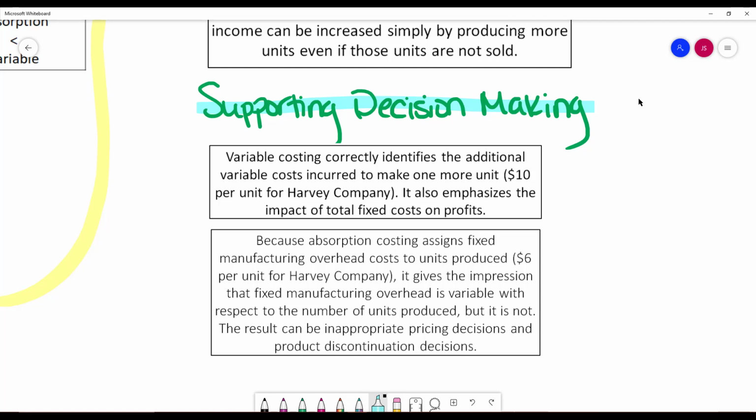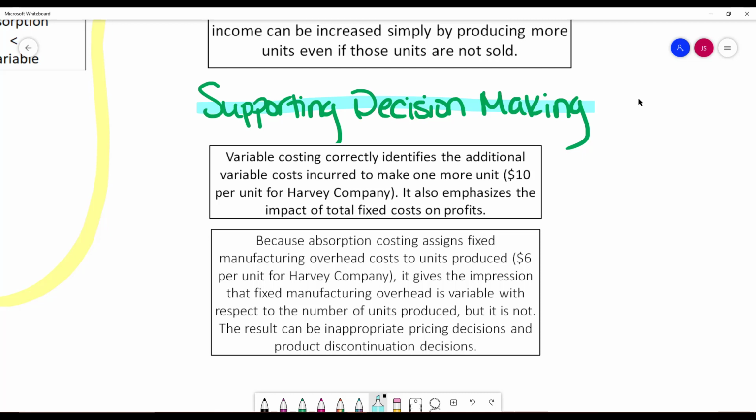It makes it look like for every extra unit I make, I'm incurring more fixed costs, which you aren't. In total, it's a fixed amount, but we can look at it from a per unit perspective if we want to. But by assigning that fixed overhead per unit to every unit produced, it makes it look like a variable cost, just like the variable cost of goods sold is, but it isn't.